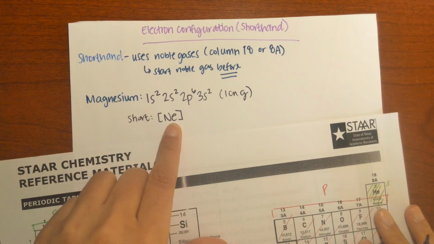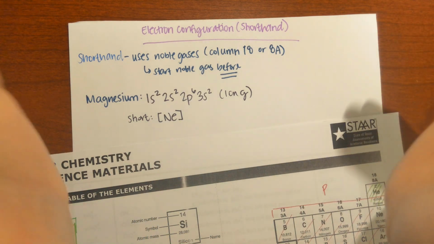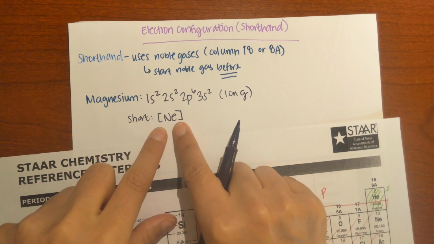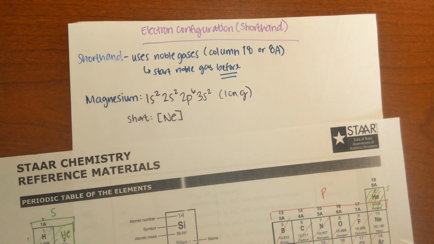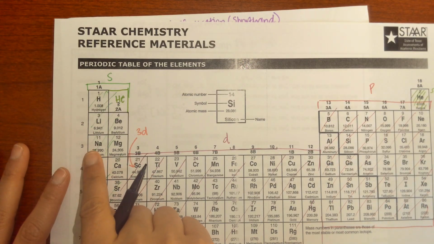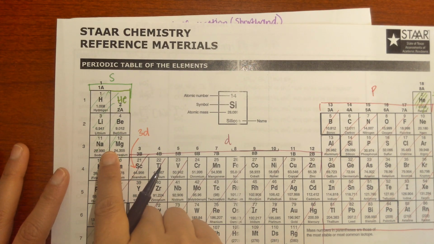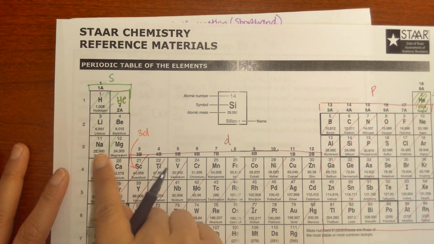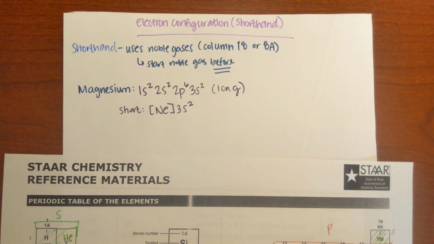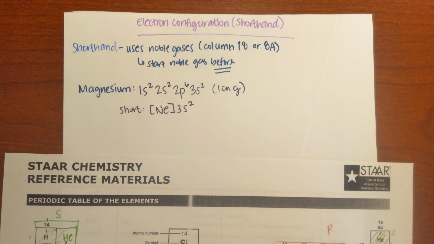This tells me I have all the electrons of neon, so we start there, and it has to be in brackets with the symbol. Right after neon, I write the normal electron configuration: 3s2, and that's pretty much it for the shorthand.